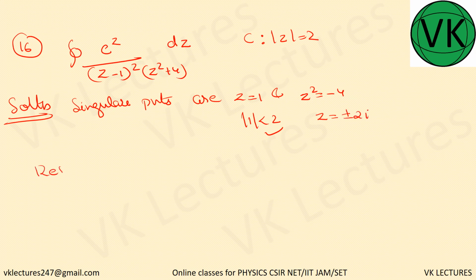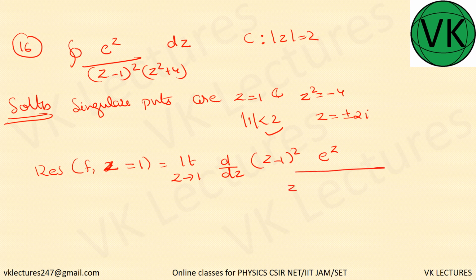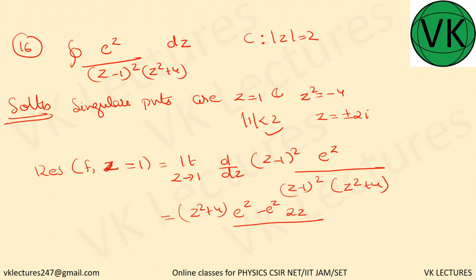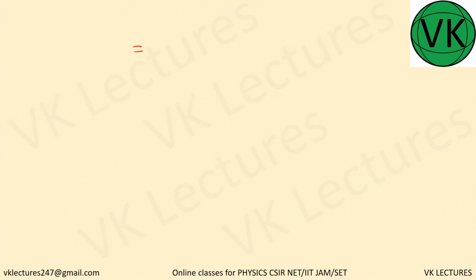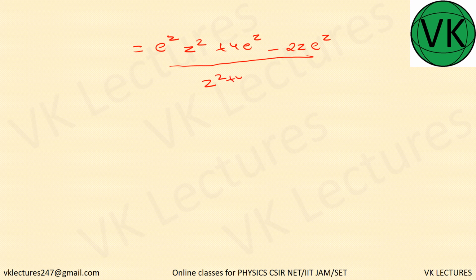So residue of f(z) at z = 1 is equal to limit z tends to 1 d/dz of (z - 1) whole square e raised to z divided by (z - 1) whole square into (z square plus 4), that is equal to (z square plus 4) into e raised to z minus e raised to z into 2z divided by (z square plus 4) whole square.